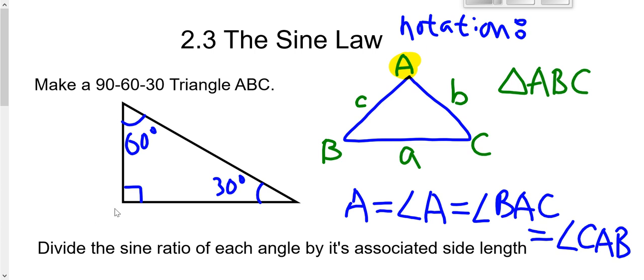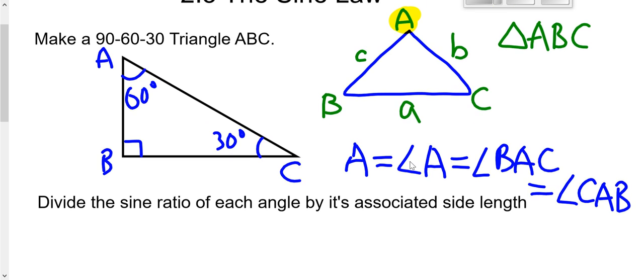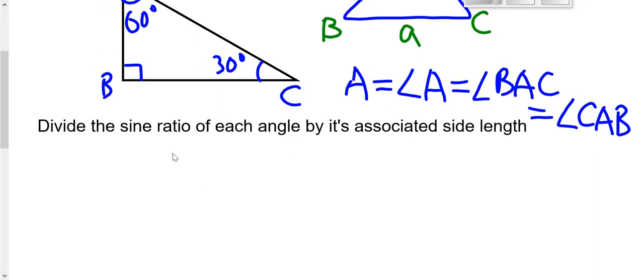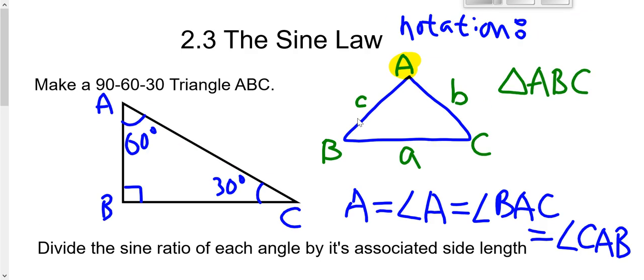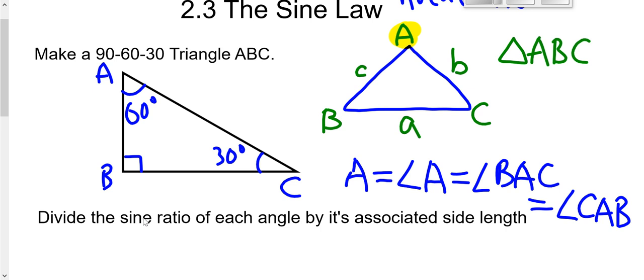Who cares? You can call this A, or this A, doesn't matter. Anyway, let's call this A, this B, and this C. Next, divide the sine ratio of each angle by its associated side length. Of course, we talk about the sine law today, so we are going to do just the sine.